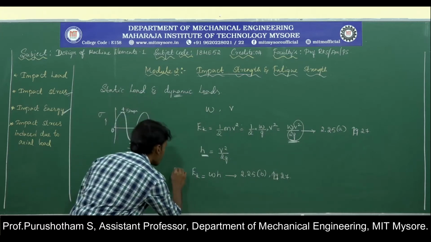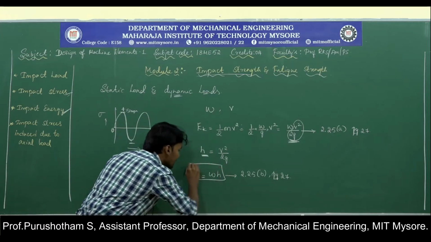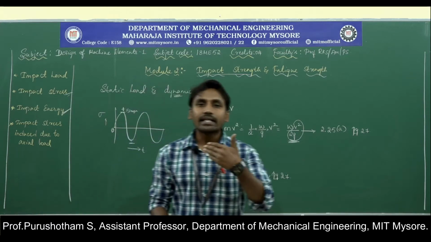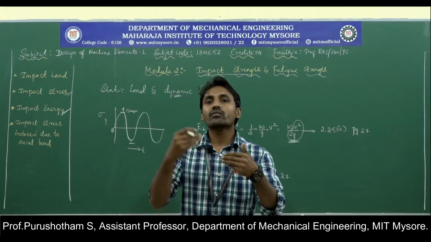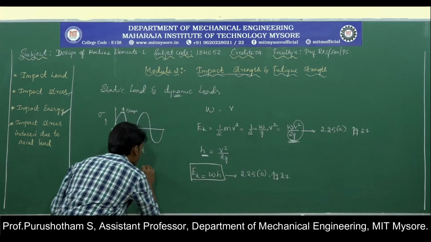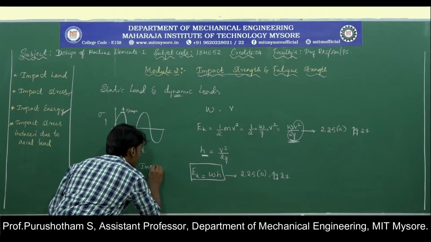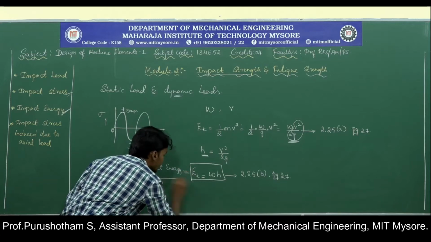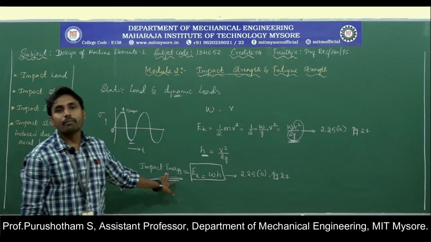So this will be the equation for kinetic energy of the moving body, but as we know the impact energy is equal to the kinetic energy of the moving body, so this equation is applicable to the impact energy.